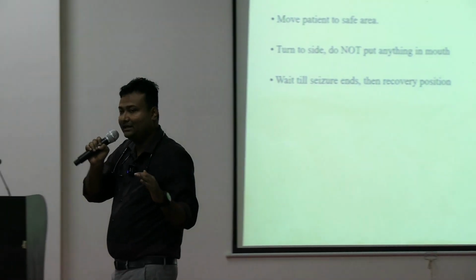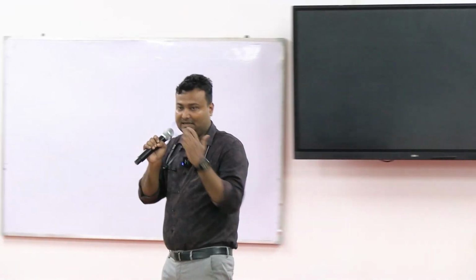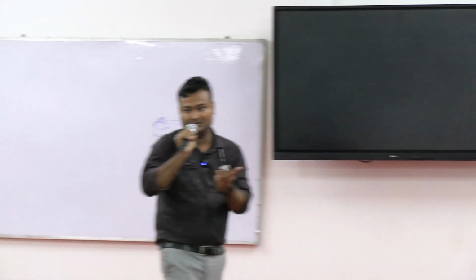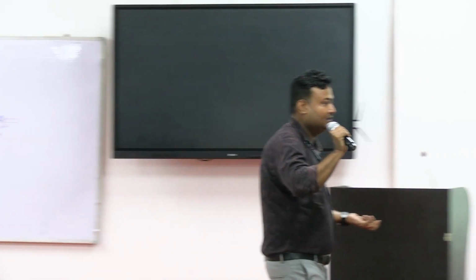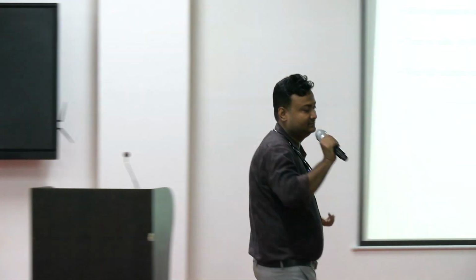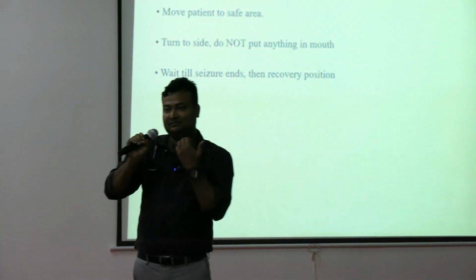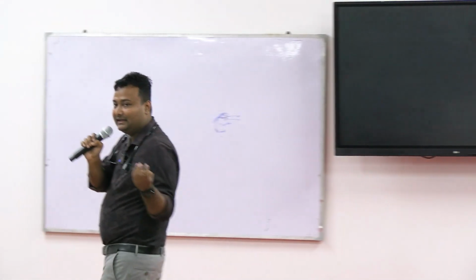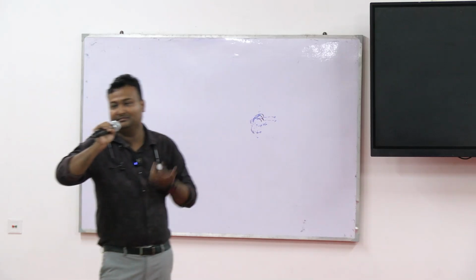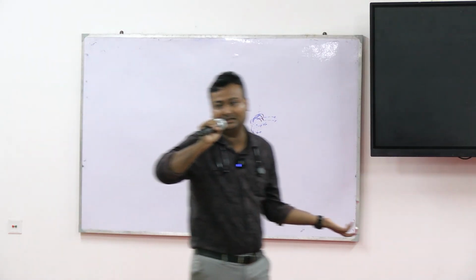What happens during seizure? The tongue is also a muscle. There will be involuntary contraction in the tongue also. The tongue has a property to fall back and obstruct the airway. And the second thing is there will be excessive salivation, excessive secretion.